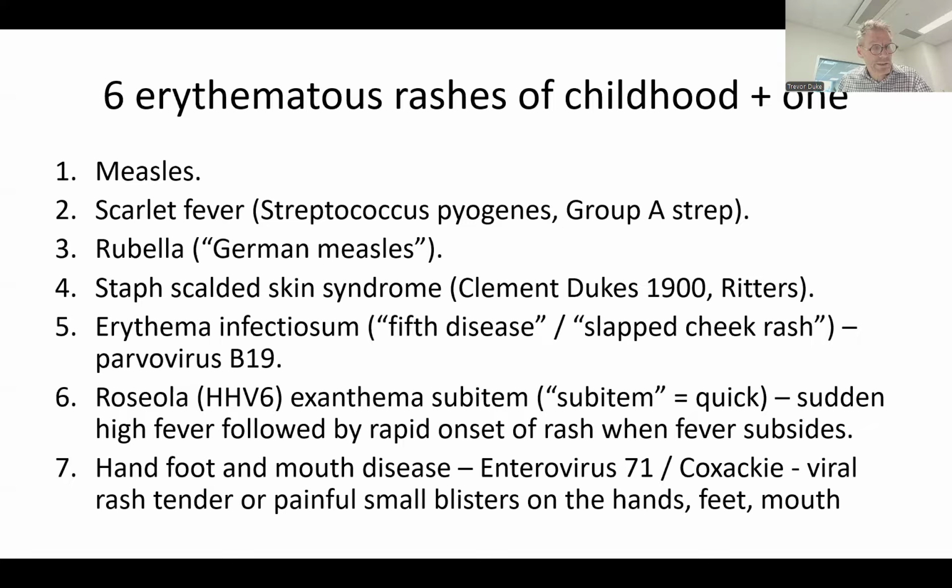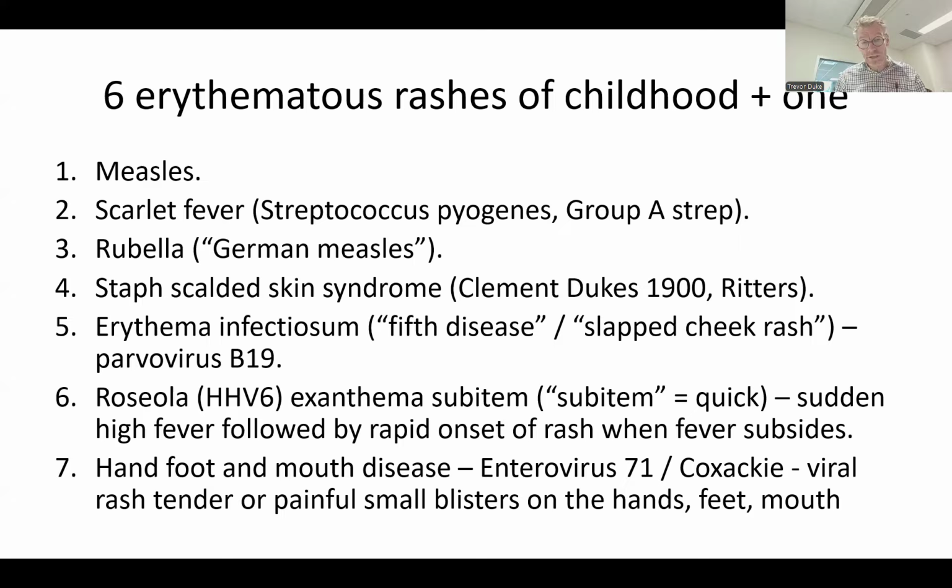The fact that it's due to parvovirus B19 has only been worked out in recent decades, but it was always called fifth disease before. It has a characteristic erythematous rash on the cheeks particularly, and a finer rash on the body, but very much bright red cheeks these children get with a fever.